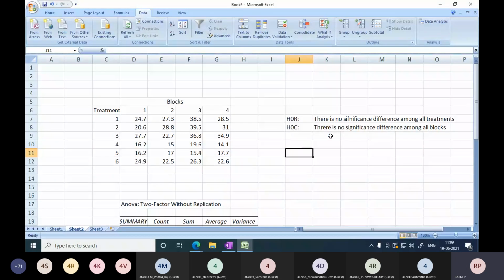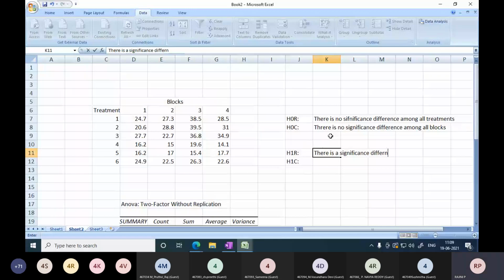And what is the alternative hypothesis? Here also we will write the alternative hypothesis for rows and for the columns. How can you write it? There is a significant difference among all treatments.